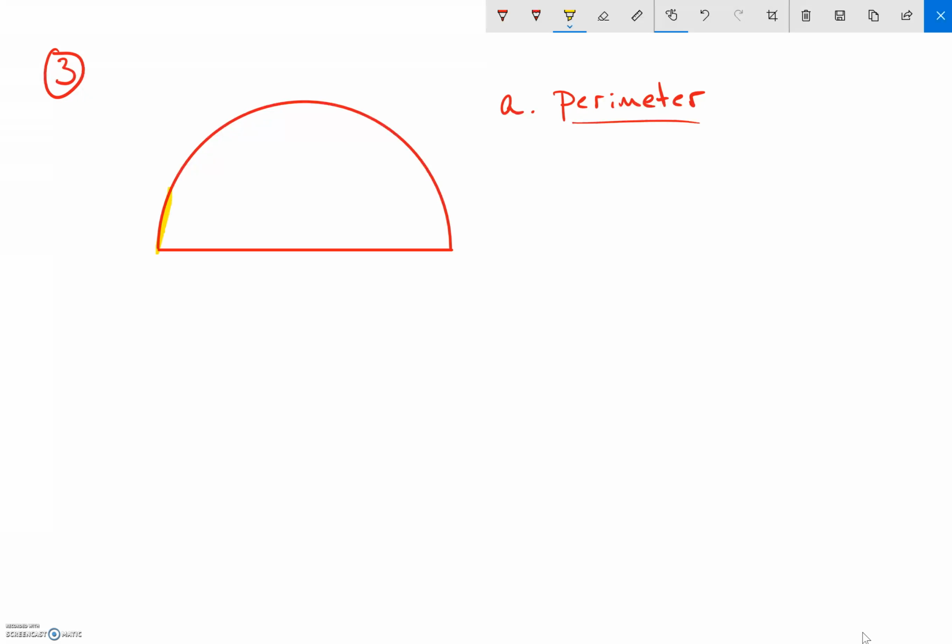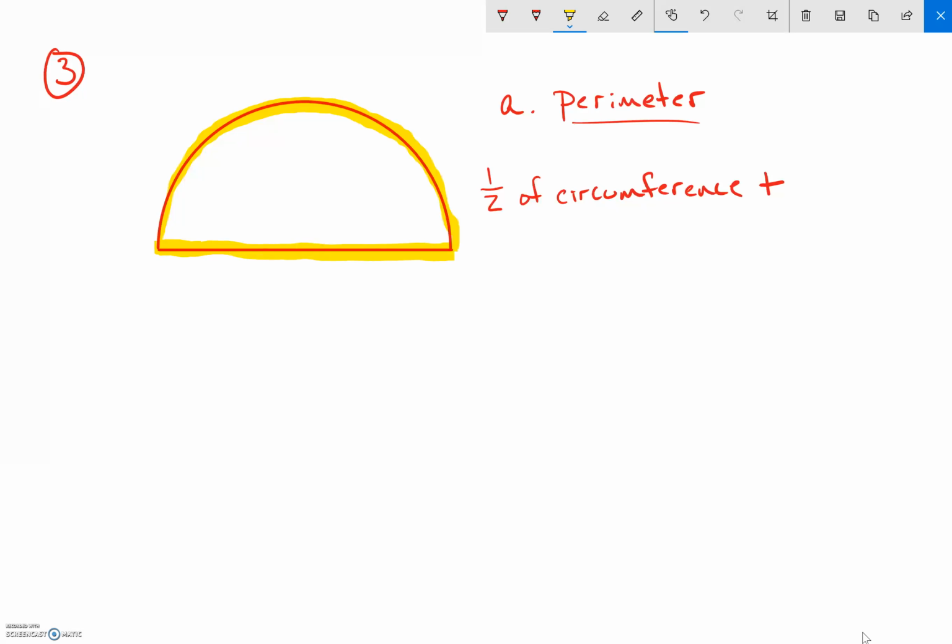We have an arc, which is really half of the circumference, halfway around the circle. And what we need to add to that is this line, because perimeter means distance all the way around. So we would need to add this on.